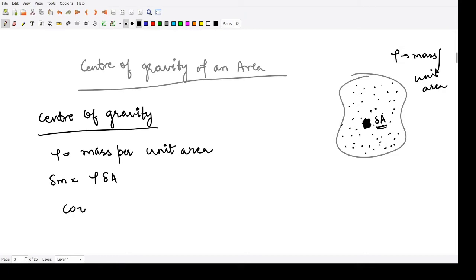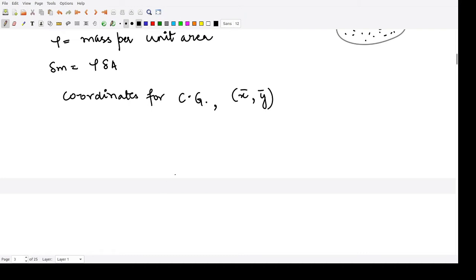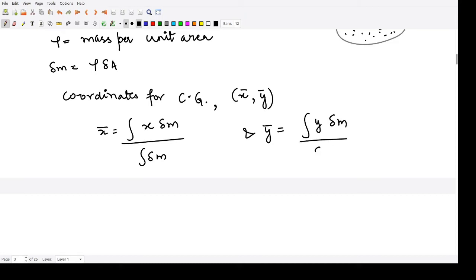Therefore the coordinates for center of gravity would be x bar comma y bar. So it would be integration x into whatever mass we have divided by the total mass, and this y coordinate would be integration of y into whatever mass we have divided by the total mass, that is the integration of this delta m.